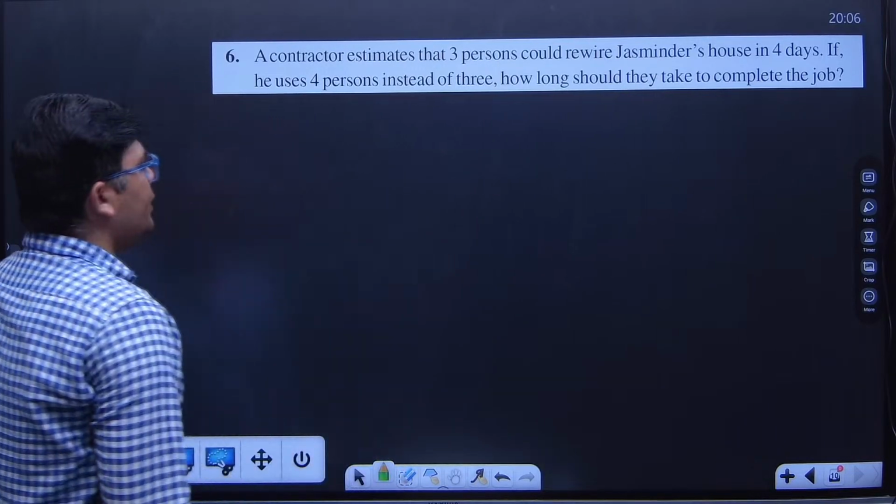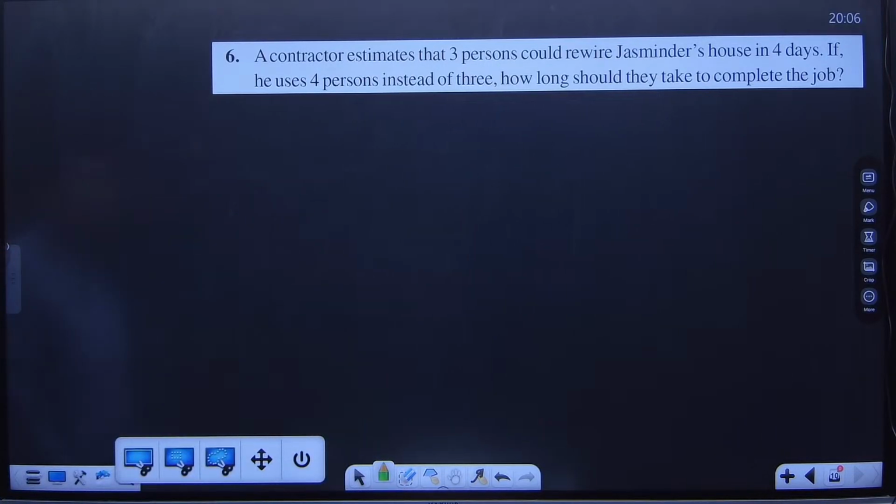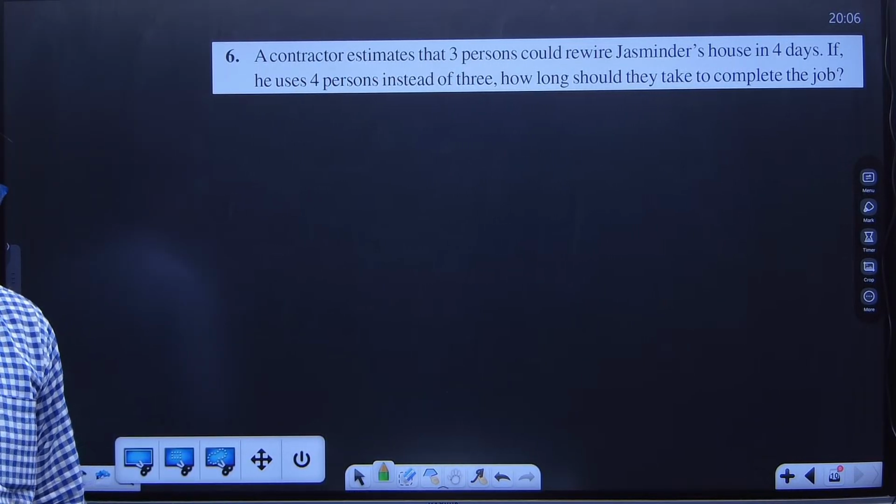A contractor estimates that 3 persons could rewire Jasminder's house in 4 days. If he uses 4 persons instead of 3, how long should they take to complete the job? Let me calculate.